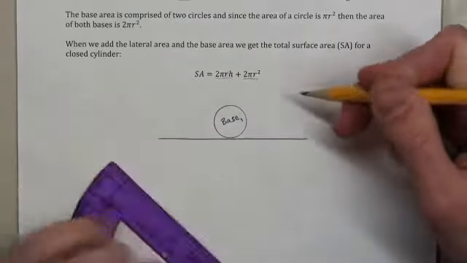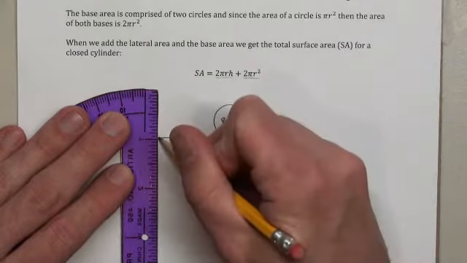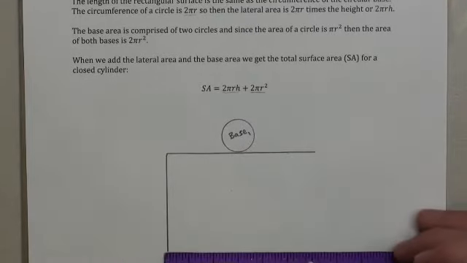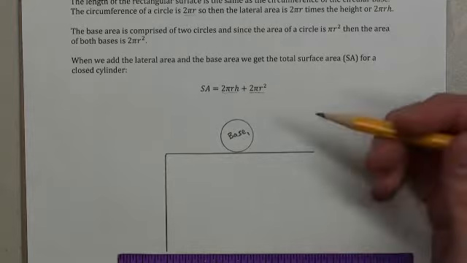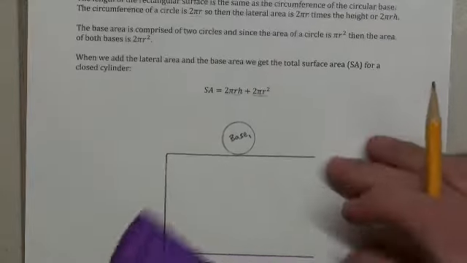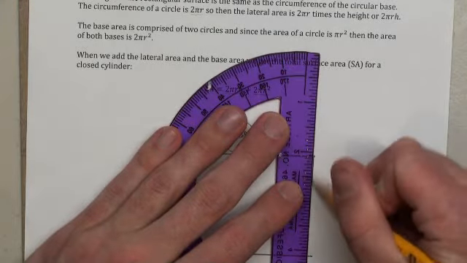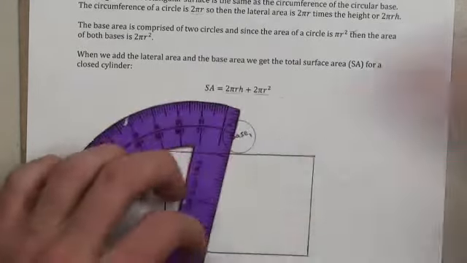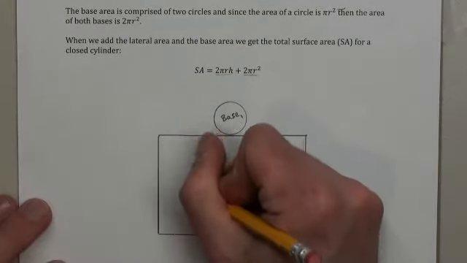It doesn't have to be exact. Let's say it's about this big. So I'm drawing a 2-inch by 3-inch rectangle. What you draw is up to you, but it needs to be similar to this. Okay? And this is the lateral area.